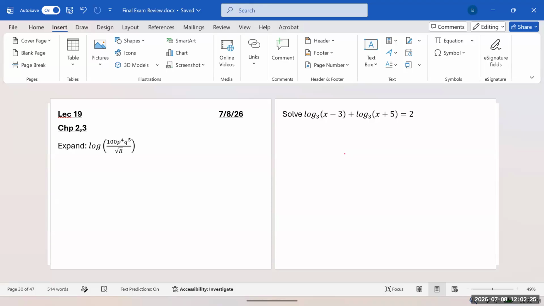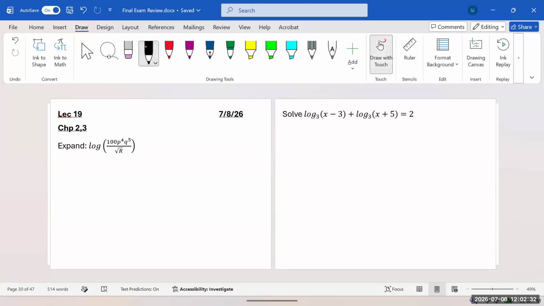Okay, expanding log. Do you remember how to expand log? What do we do? Based on how many elements you have in your argument, you have to have that many logs. So we have 1, 2, 3, 4 elements. So we are going to have log 100. Oh, I should put one more, let's say x square on the bottom.